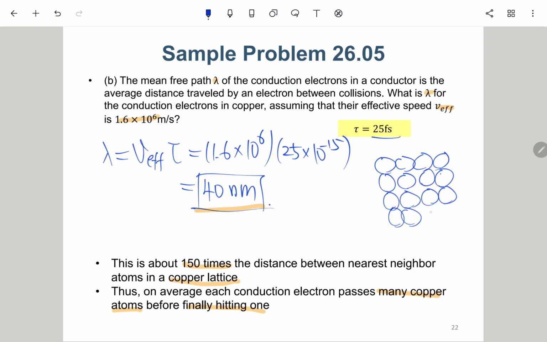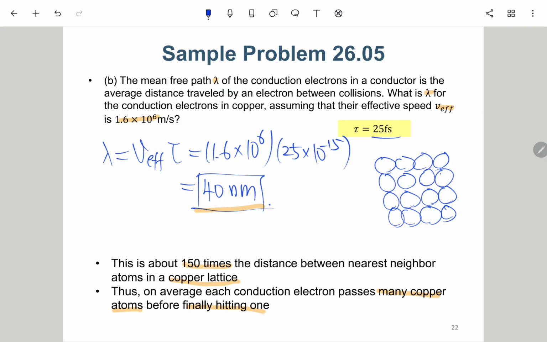They may have considered the lattice could be something like this, with only very small gaps in between. But this result tells you that it wouldn't be true. If it were so dense, it is not possible that the electron goes through quite a lot of atoms before a collision.